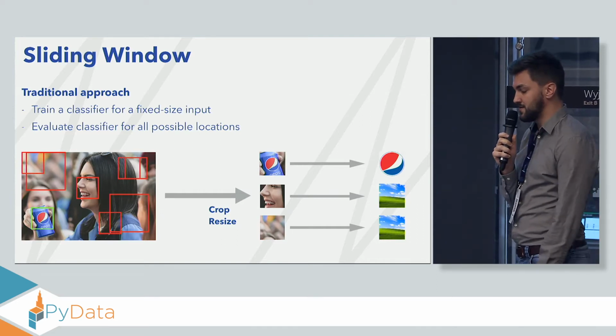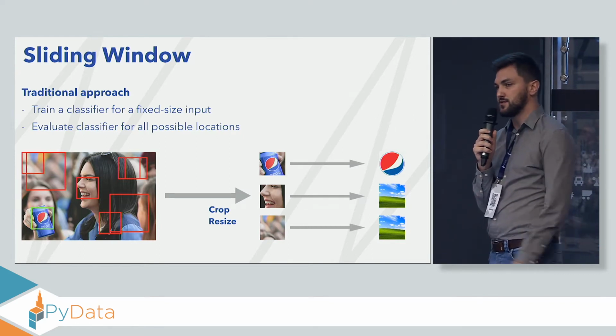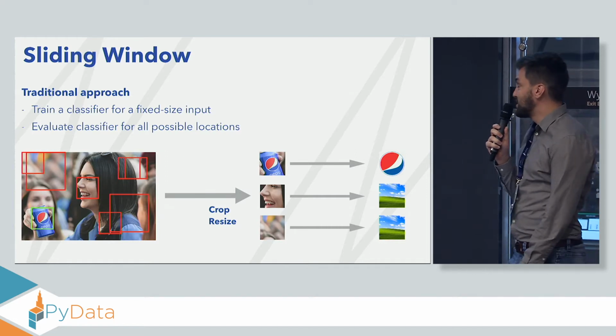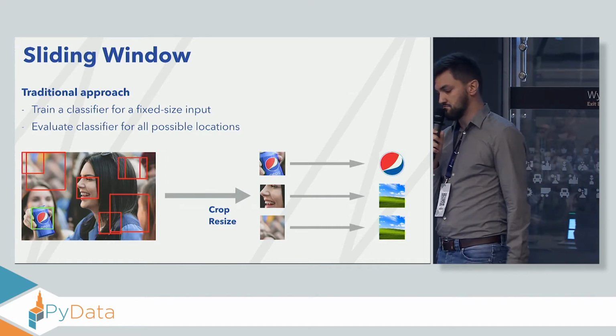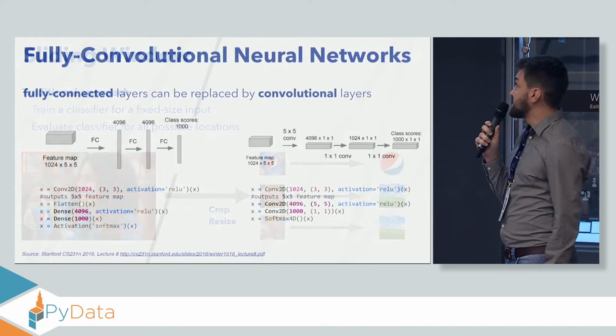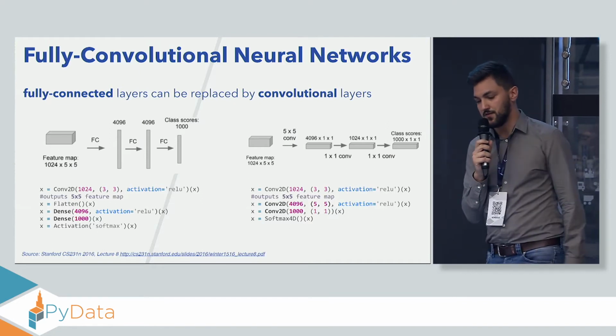But of course, this is very, very inefficient because we need to consider all the possible locations, all the aspect ratios or the scales, and this would be just impractical to apply in practice. As a solution, we can actually perform this with convolutional neural networks much more efficiently.